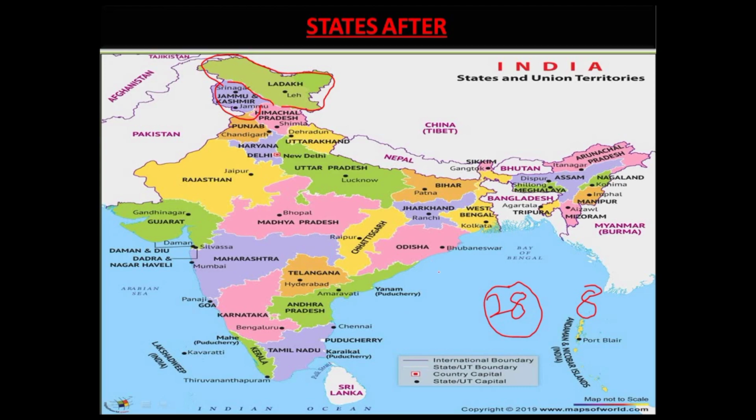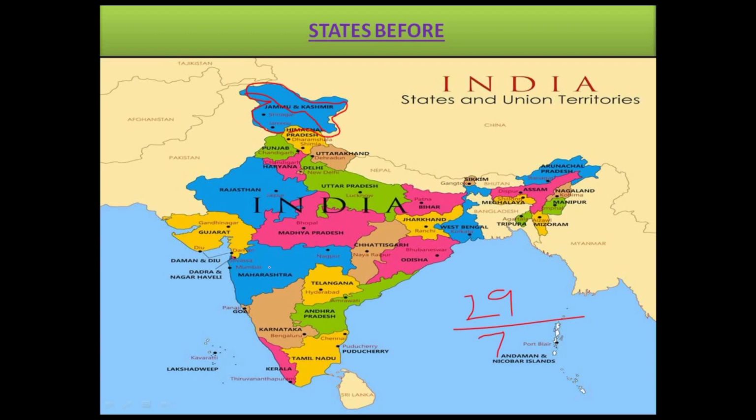So what changed the union territories from 7 to 8? See here, I will show the video. I will make this clear, focusing only on union territories.